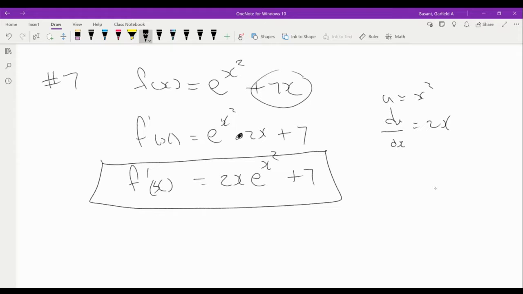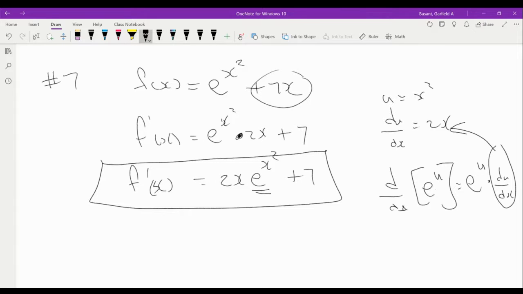Because you remember the derivative of e to the u is equal to e to the u, which is what we have here, times du by dx. The du by dx is 2x, a positive 2x. So all we're doing is multiplying that by the 2x. Okay with that?